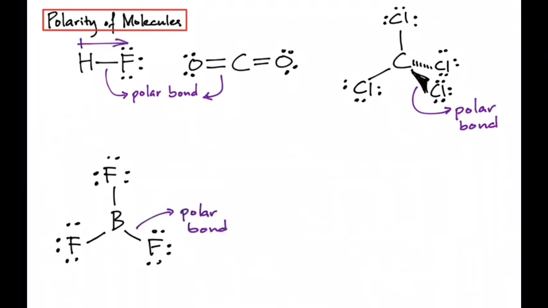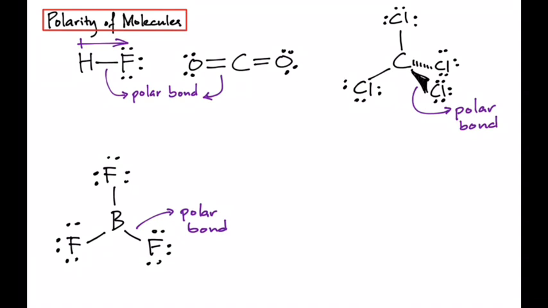All right, now, so how do we determine whether the molecule is polar or non-polar? Well, the first thing that you want to do here is to determine the direction of the polar vector, as they call them, right? So the polar vector for hydrogen fluoride is going towards the more electronegative element, which is fluorine.